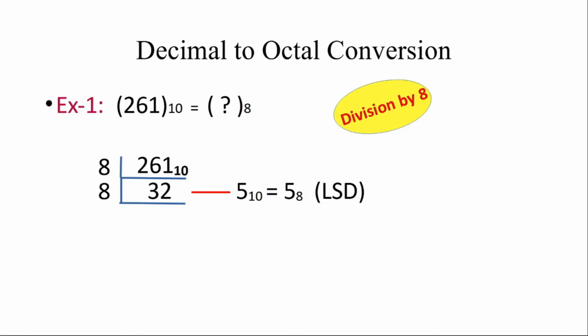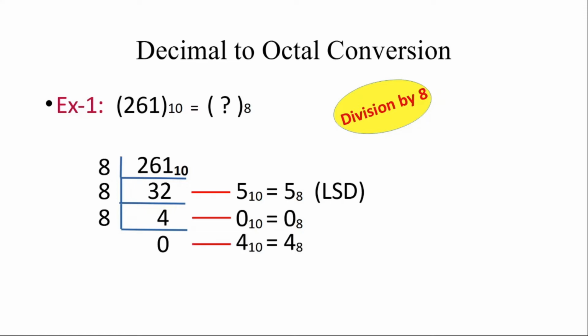Again, when we divide the 32 by 8, the quotient will be 4, the remainder will be 0. The 0 in octal system is same as that of the decimal system. Now when we divide the 4 by 8, the quotient will be 0 and the remainder will be 4.